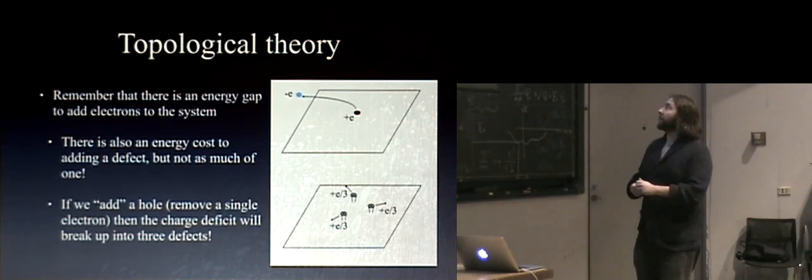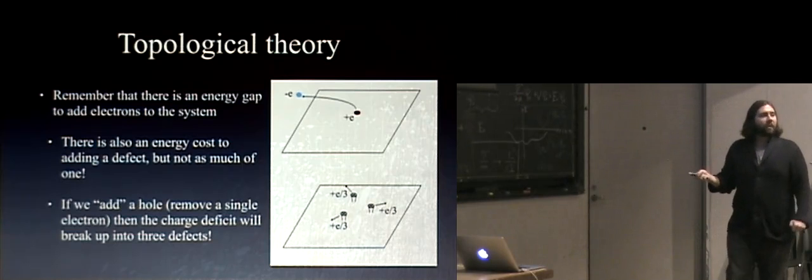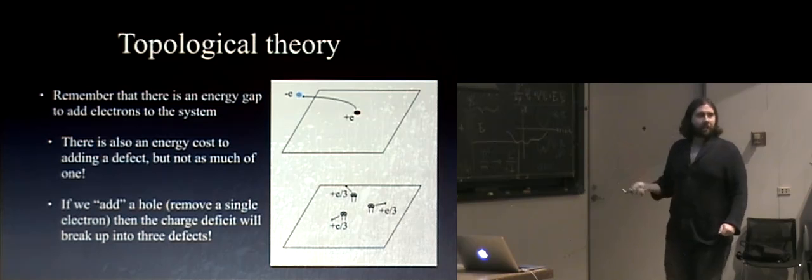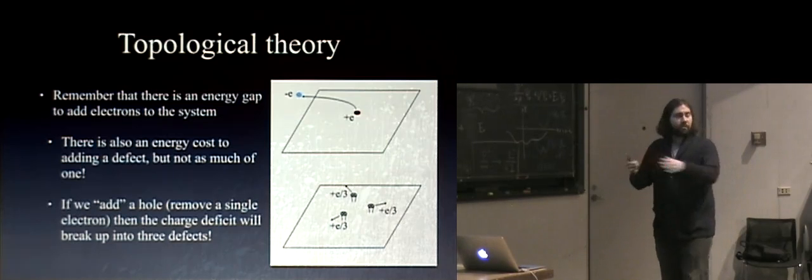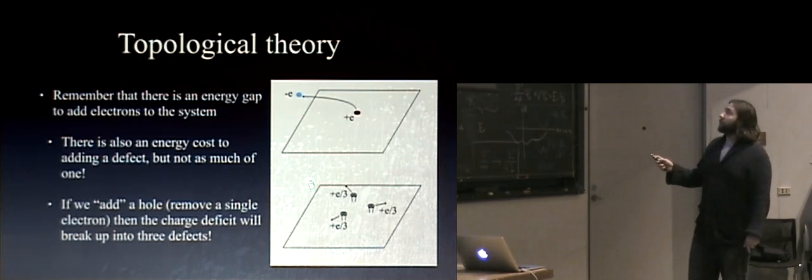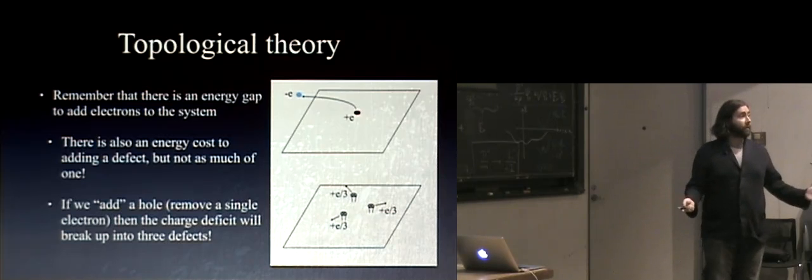And the reason for that is that I'm drawing these as localized defects, but that's a little bit of a cheat, right? Because this is a quantum mechanical system, and in a quantum mechanical system, these guys have some spread. And so if I try to, say, cut the system here and ask the total charge, I know that I must be doing something drastic to the wave function.